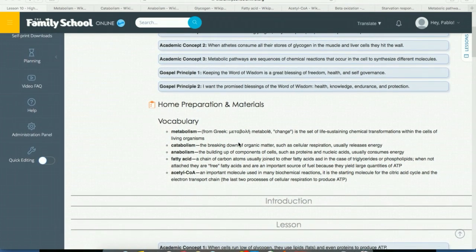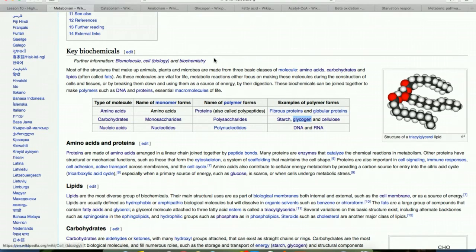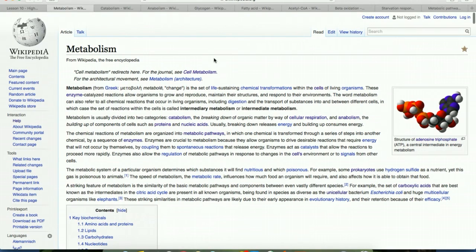Then I see in the vocabulary section some new words. Metabolism is the set of life-sustaining chemical transformations within the cells of living organisms. Okay, so it seems that it means to change. I would probably go into Wikipedia and look for the article on metabolism, and I would scan it and see, all right, so that is where the definition comes from.